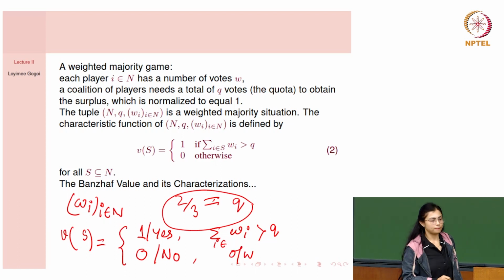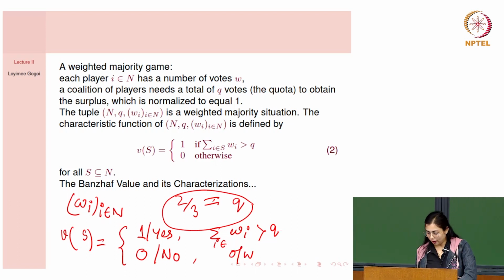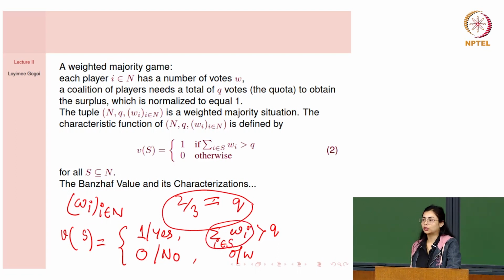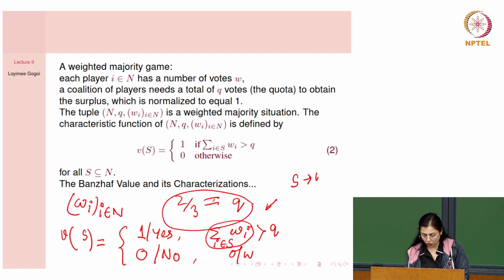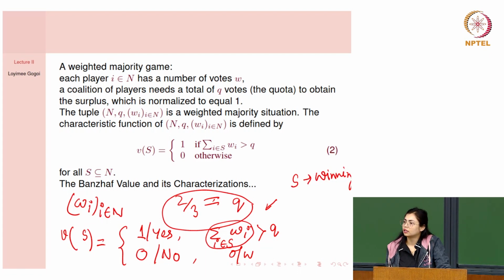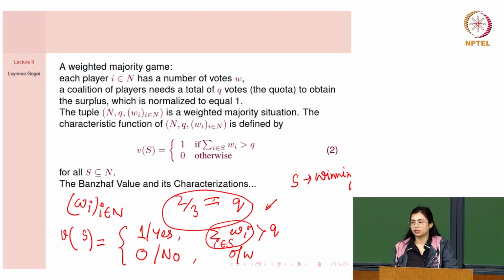And if the total weights of the players in S is greater than or equal to Q, then we say that S is the winning coalition. For the winning coalition the value is 1.